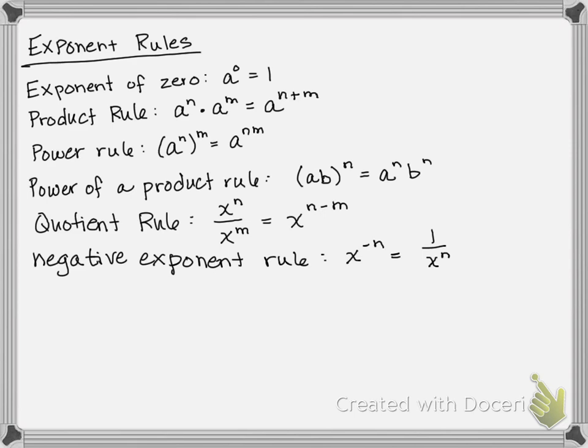What this really means, when we put 1 over something, what it really means is the reciprocal. So x to the negative n equals the reciprocal of x to the positive n.